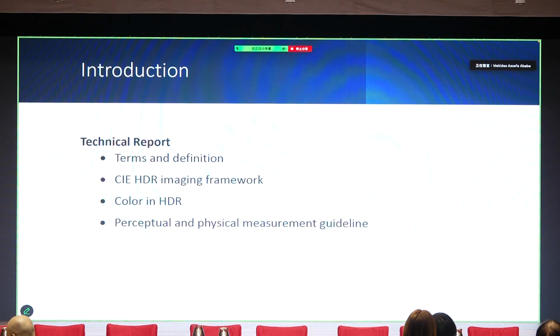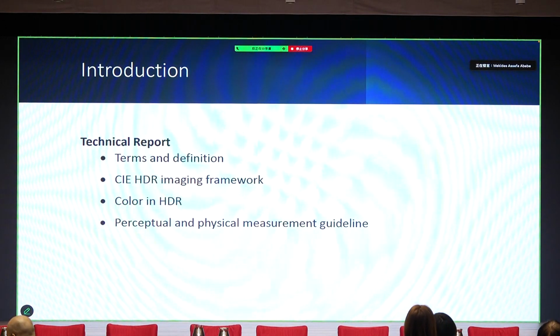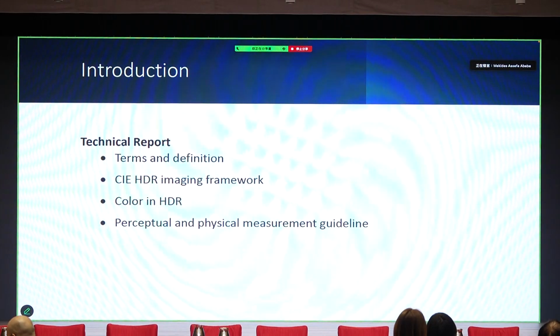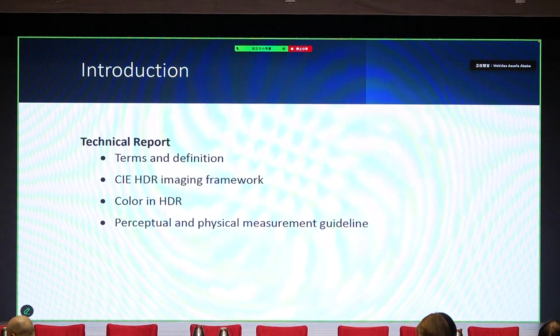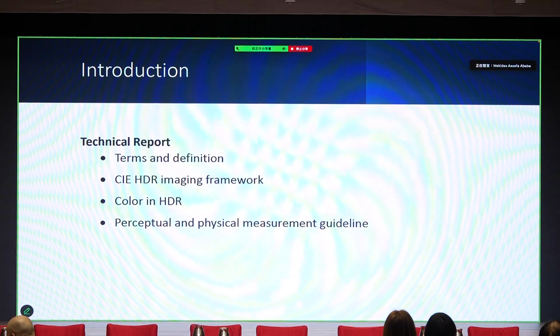And then we have a bigger section in the technical report, which covers the CIE high dynamic range framework, because we needed a high dynamic range imaging pipeline related framework so that we can identify each characteristic of high dynamic range imaging sequences based on the pipeline stages. Then in detail, we will explain those characteristics all related to this framework.